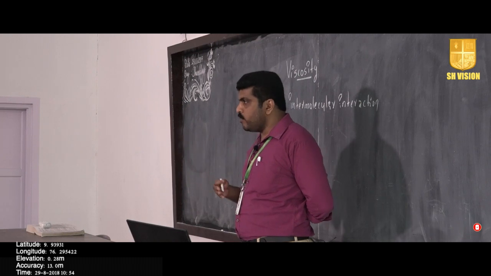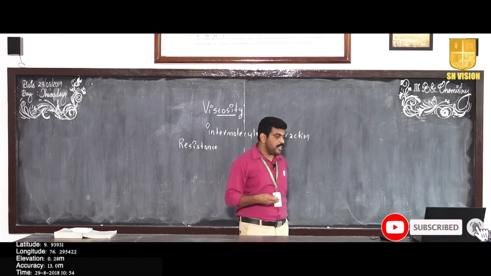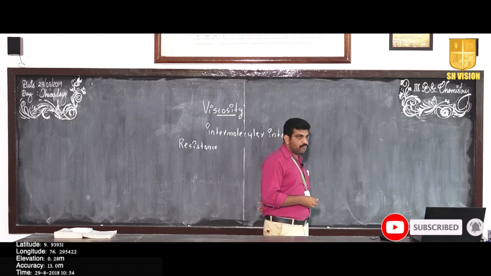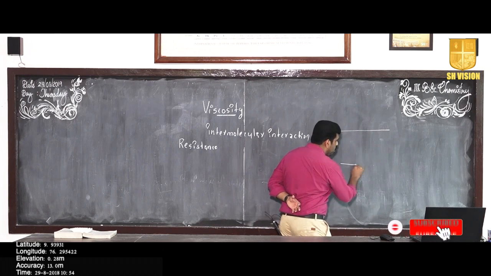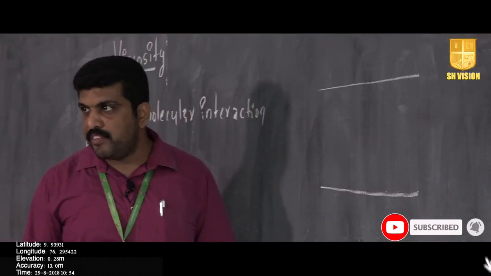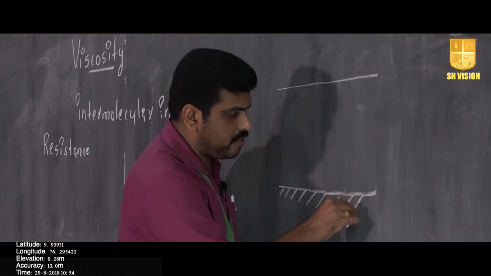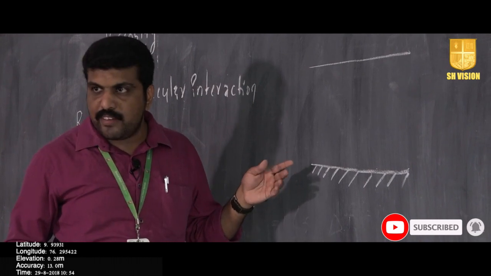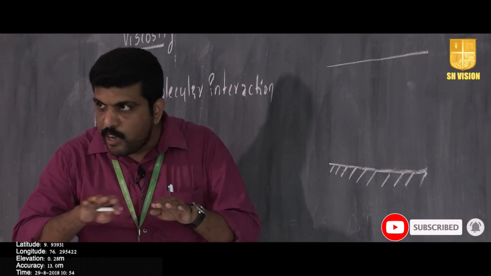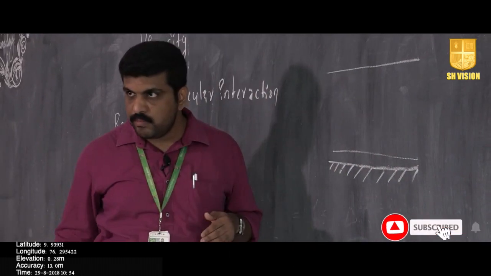We can model the reason for viscosity by the laminar flow, which we have already seen. The laminar flow of liquids can be represented in this manner. Suppose this is a stationary phase. The layer just adjacent to the stationary layer will be moving with a low velocity. So let this be that layer.